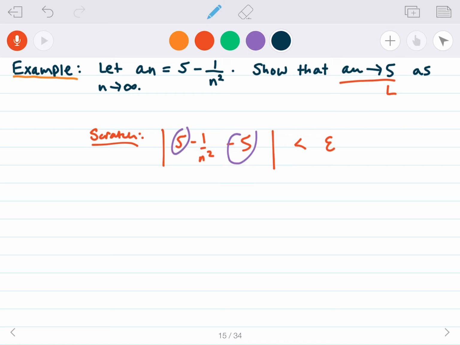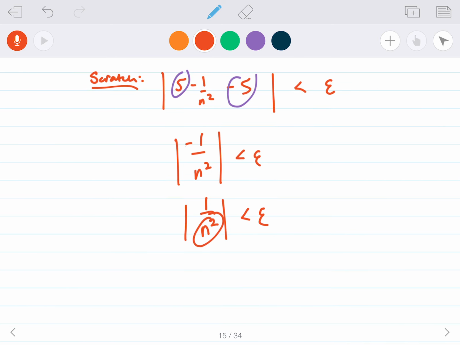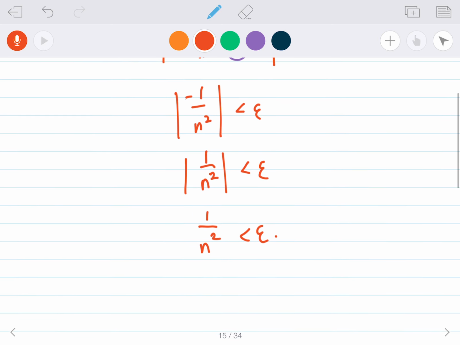5 minus 5 is 0, so this gives me negative 1 over n squared, less than epsilon. Now we know from our absolute value properties that this is the same thing as 1 over n squared. We can just pull out the minus. And because this is always going to be positive, I can simply remove the absolute value bars at this stage. Now I'm going to solve for little n.